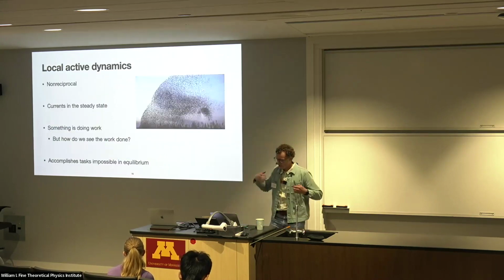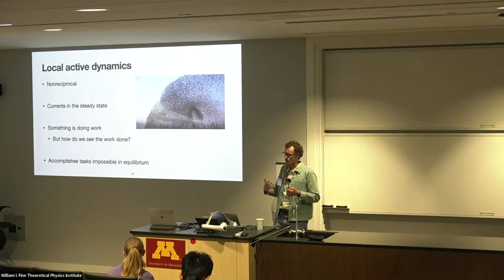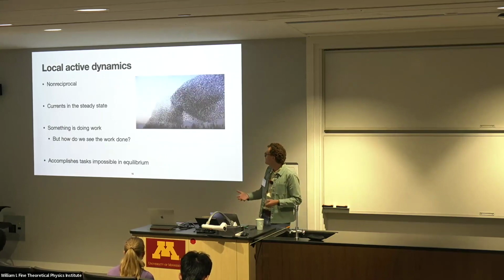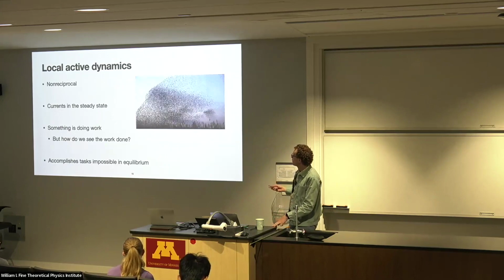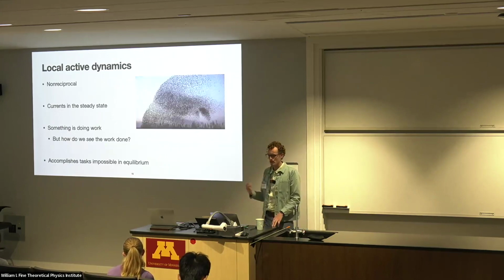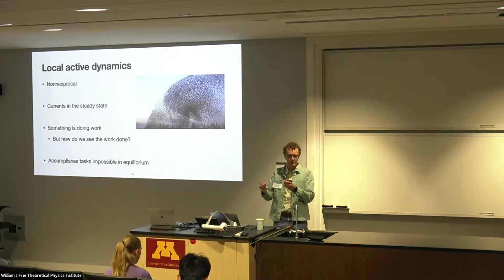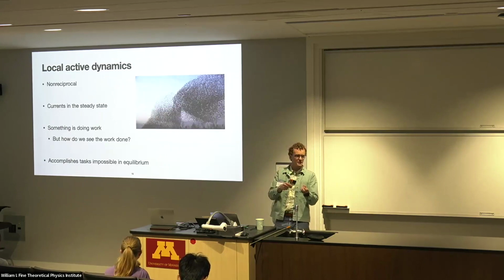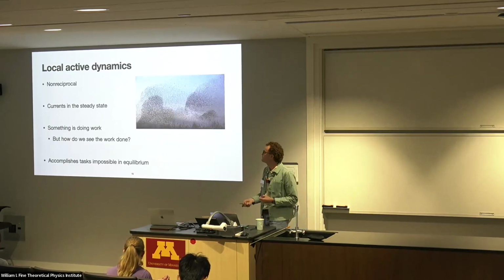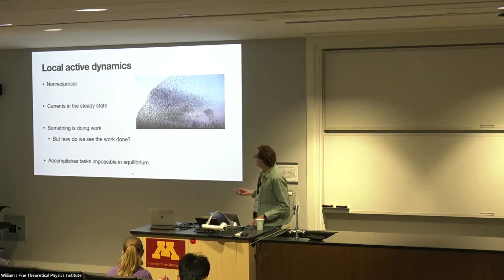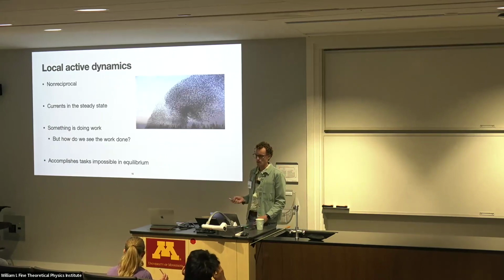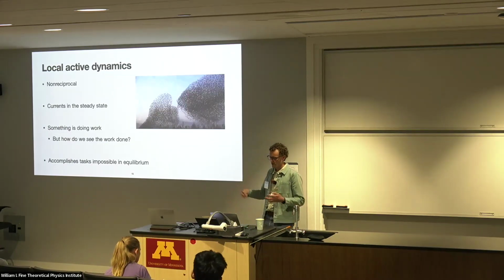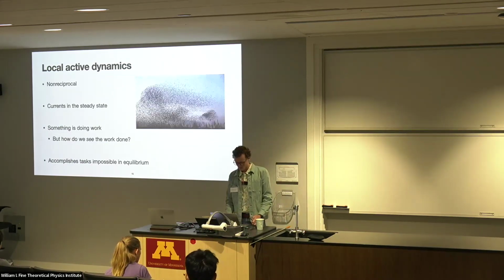The things that make these local dynamics interesting and different from thermal dynamics, you can think of in a few different ways. On the one hand, they're non-reciprocal. Like I said, for Toom's rule, different spins will have effects on their neighbors that are not the same as the effect that the neighbor has back on the individual. They'll carry currents in the steady state. This is something that's forbidden in equilibrium, but is very common in these active systems.